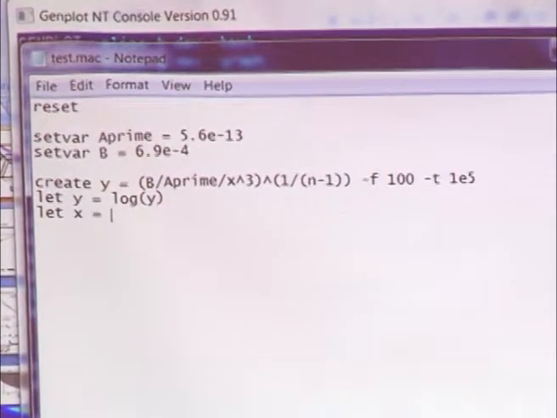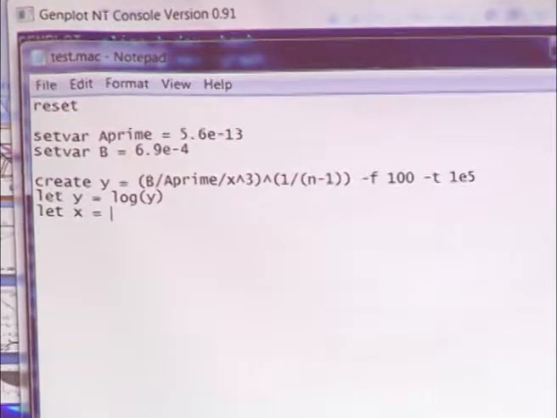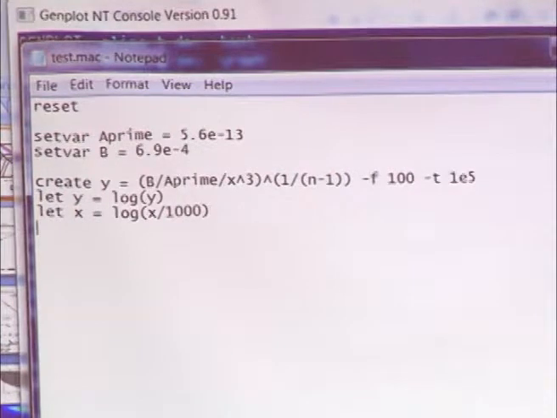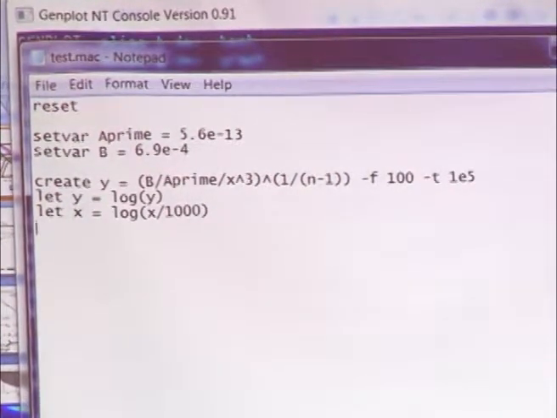And then I'm going to turn it into millimeters. So I'm going to say the log of x divided by 1,000.